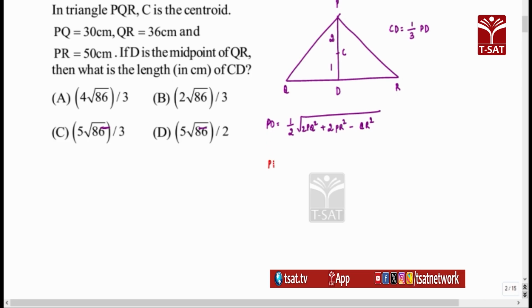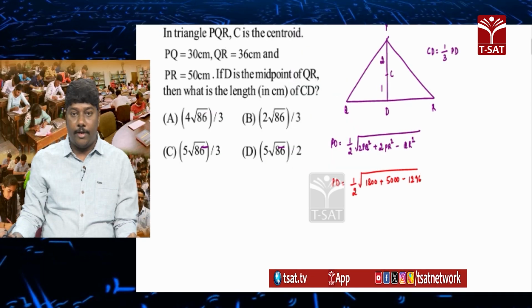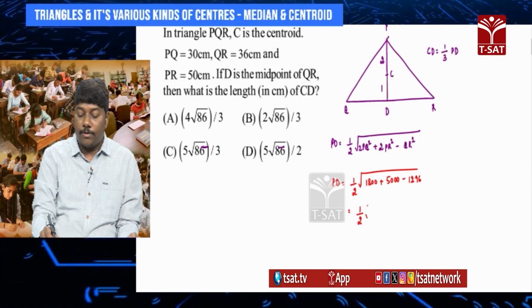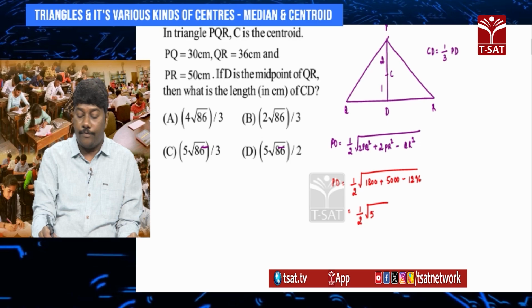PD is equal to half of the square root of 2 into 30 square, that is 1800, plus 2 into 50 square, that is 5000, minus QR square 36, that is 1296. 1800 minus 1296 is 504. Half of the root of 5000 plus 504 gives you 5504.